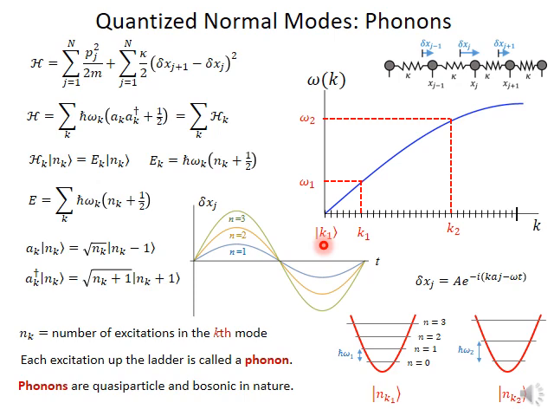This is exactly similar to the quantization of an electromagnetic field, where you take a wave of electric and magnetic field, you quantize it, and you get photons, which you can treat as a quasi particle with a certain energy and momentum. Exactly the same case here for lattice vibrations.